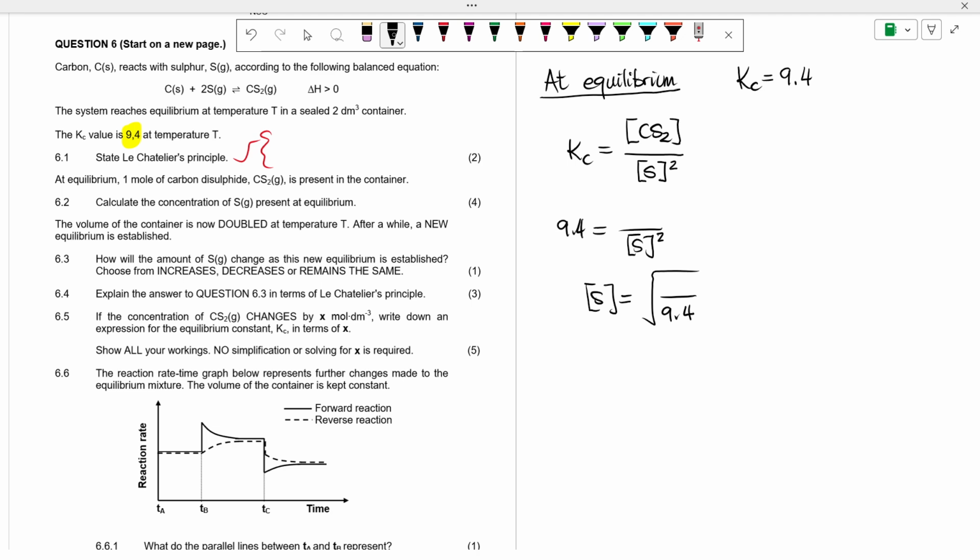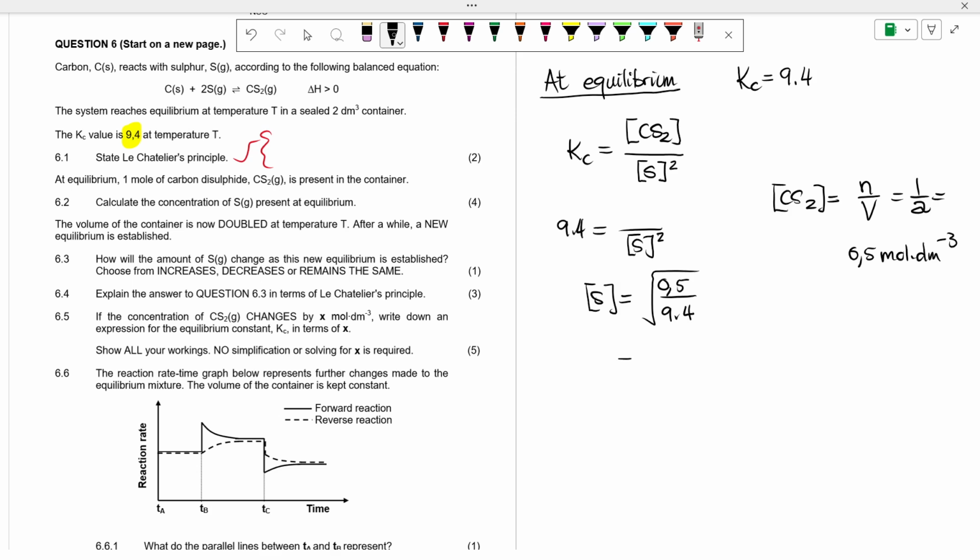The concentration of CS2 is the number of moles over the volume, so 1 over the volume of 2, so 0.5 mole per decimeter cubed. Very good. Then we substitute 0.5 there.